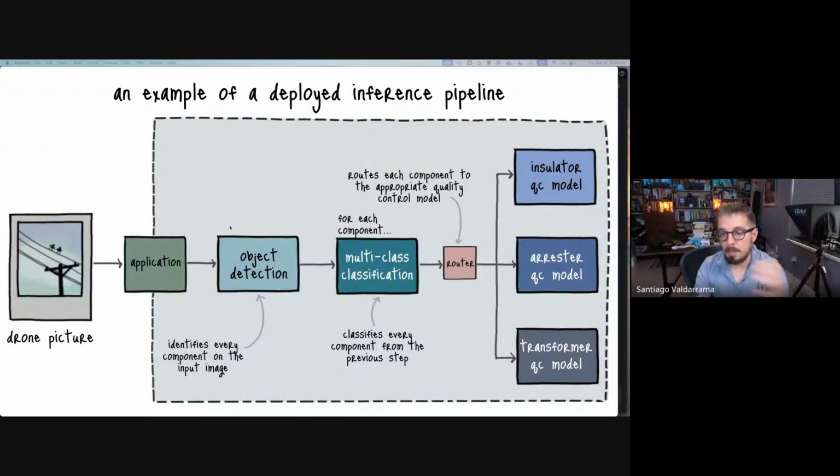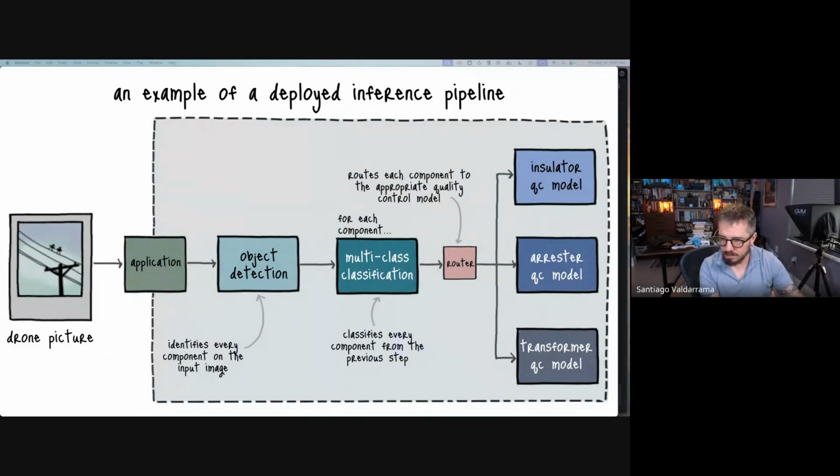Then from that point on, we run a multi-class classification model for each one of those components. Coming out of the object detection step, we had all the pictures of transformers, insulators, and arresters that we identified, and now we wanted to classify them because we did not trust the object detection model. Usually when you run object detection, it identifies the objects and tells you their class.